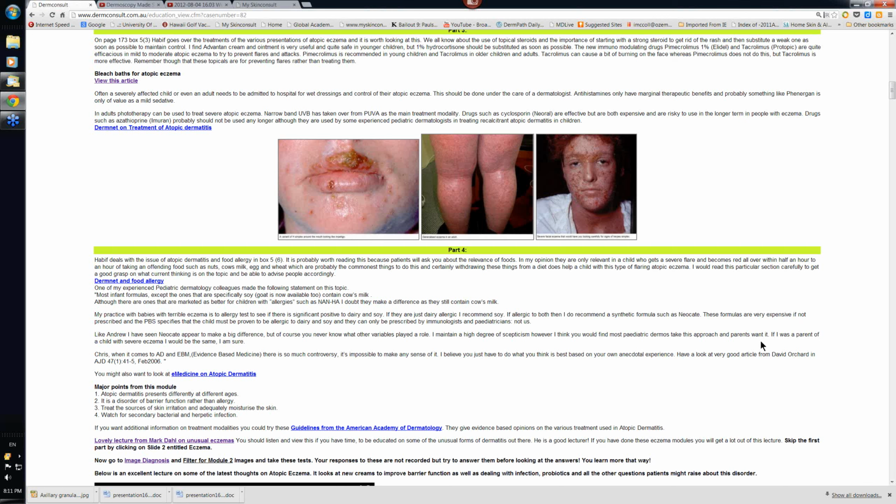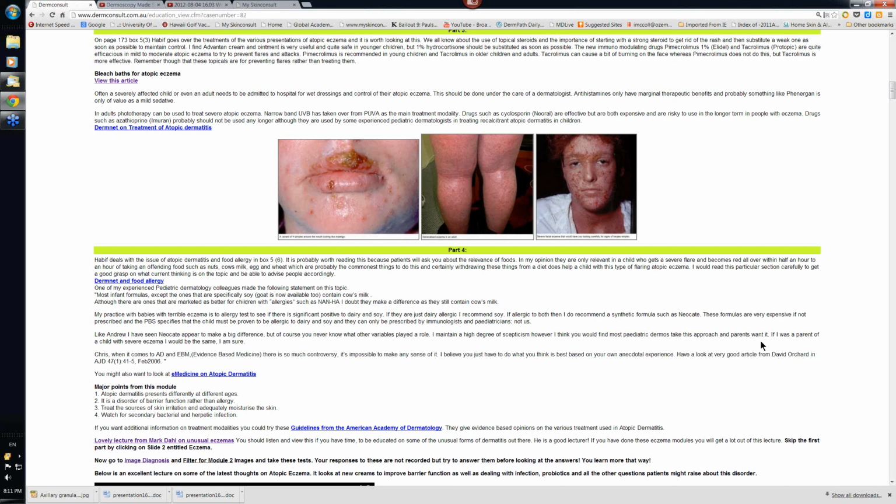And that may involve phototherapy, particularly narrowband UVB therapy if that's available. But it may also involve systemic drugs. And the ones that are most often used are azathioprine, Imuran, and methotrexate.